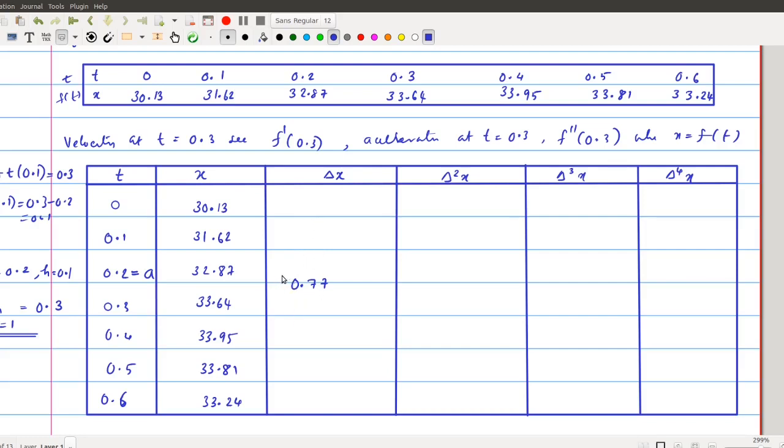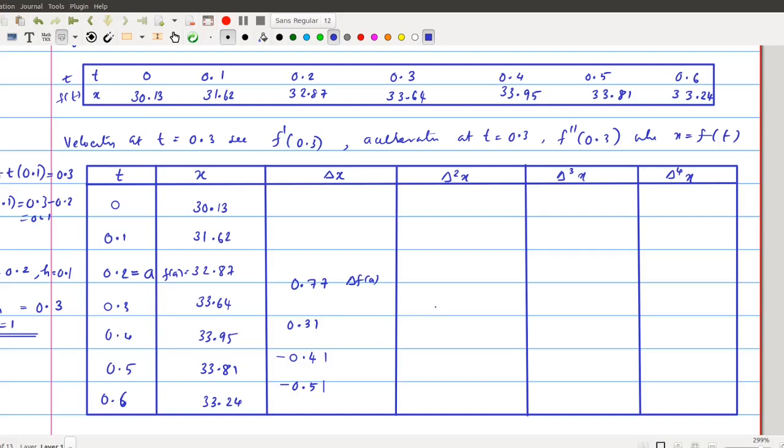If this is a, then this is our f of a, and this will be del f of a. Here we have 0.31, this is minus 0.41, and this will be minus 0.51. Similarly you can write these values, but we are not bothering about those.